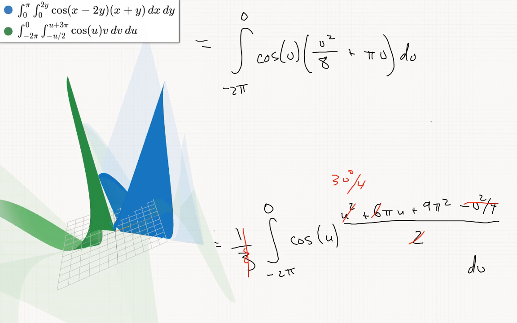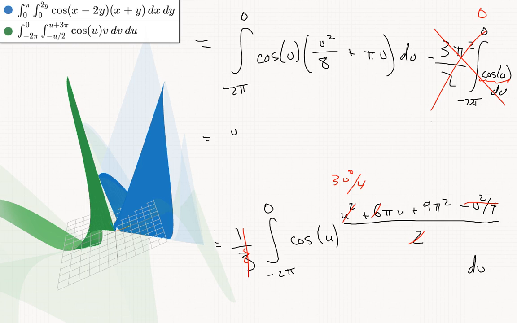So this will be cos u times (u squared over 8 plus pi u) du, and then minus 3 pi squared over 2 times the integral from negative 2 pi to 0 of cos u du.